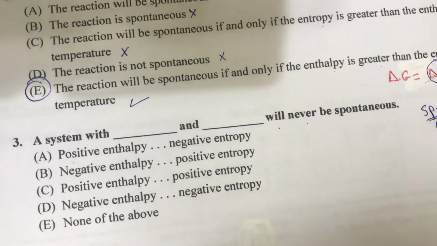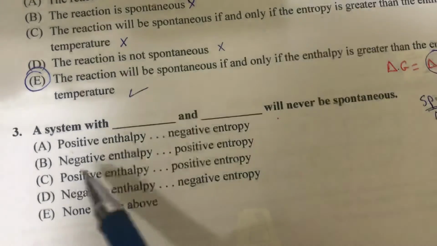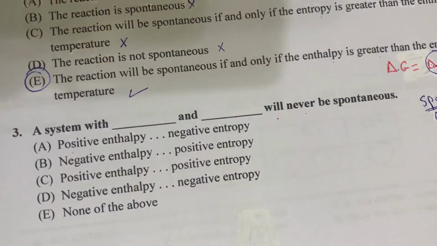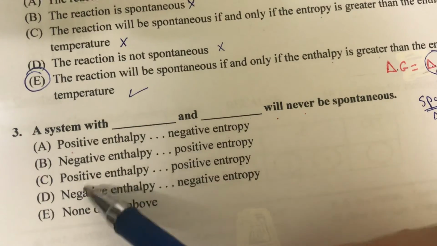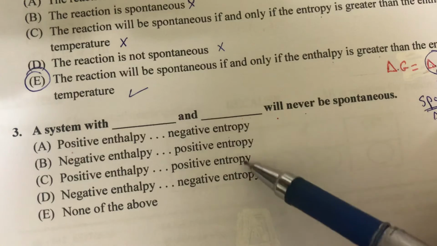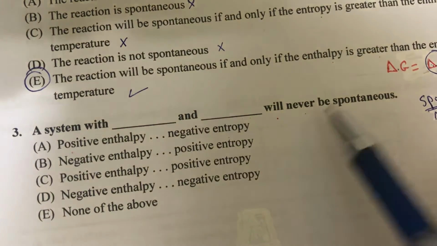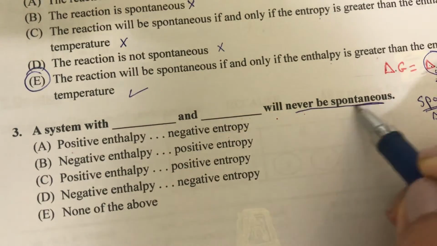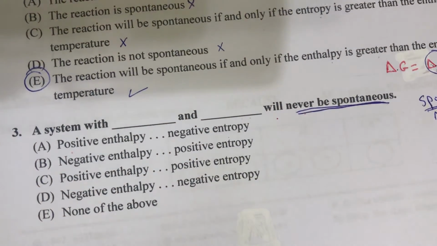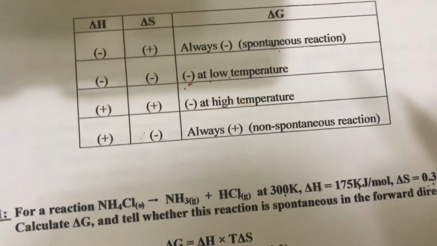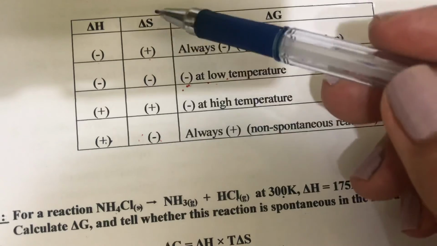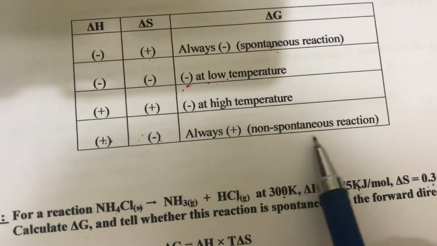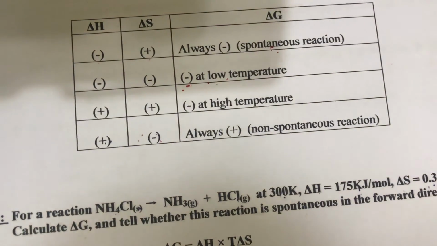So now question number 3. A system with, here you have choices for enthalpy, positive or negative, and for entropy, negative and positive, will never be spontaneous. If you remember from the handout, when enthalpy is positive and entropy is negative, it is always a non-spontaneous reaction for all temperatures.